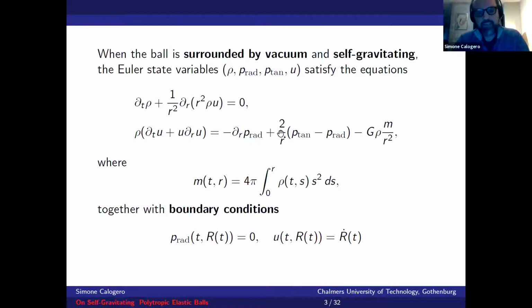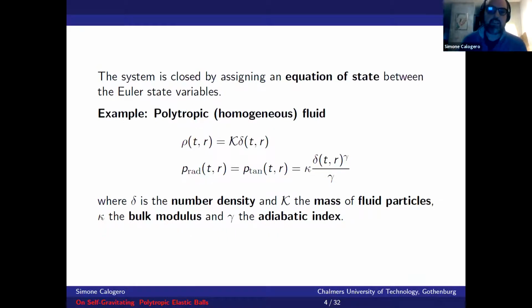And so of course here we have 4 variables and only 2 equations. So we need an equation of state between at least the first 3 variables to close the system. And a very popular example in astrophysics is the equation of state of polytropic fluids, which I write in this form.